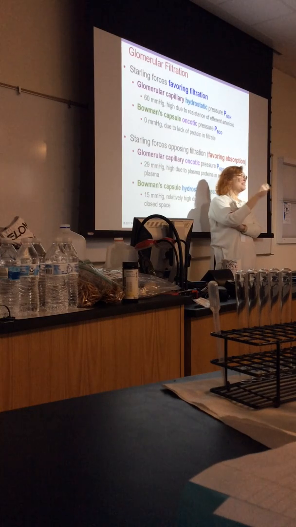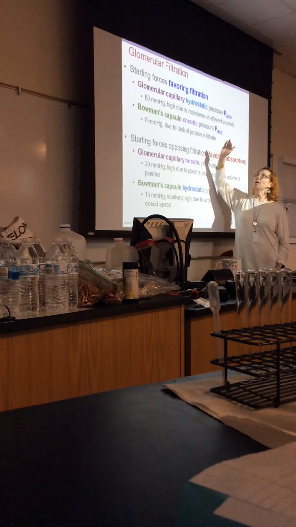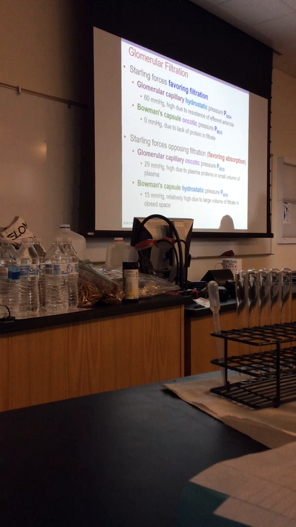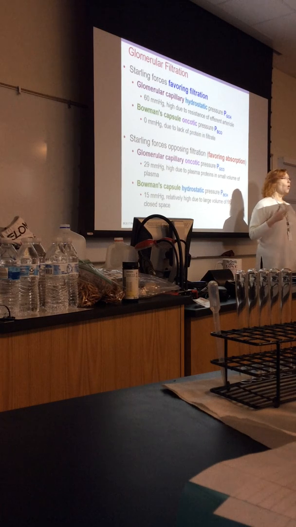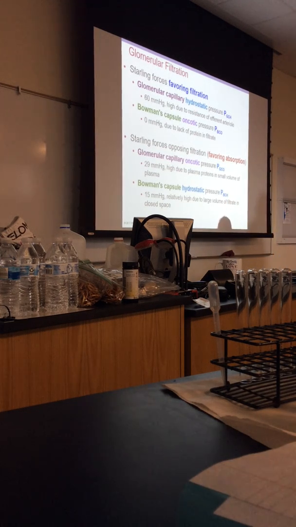Oncotic pressure is related to proteins. So the Bowman's capsule oncotic pressure is based on proteins in the Bowman's capsule wanting to pull water out of the glomerulus into Bowman's capsule.